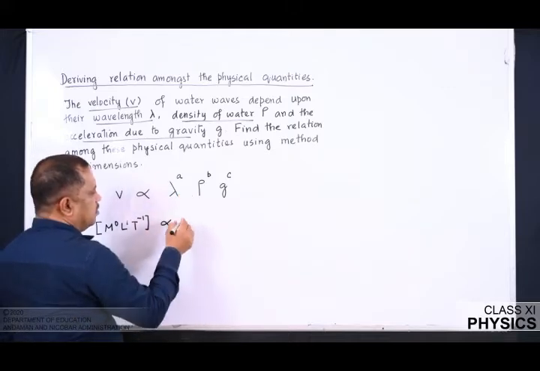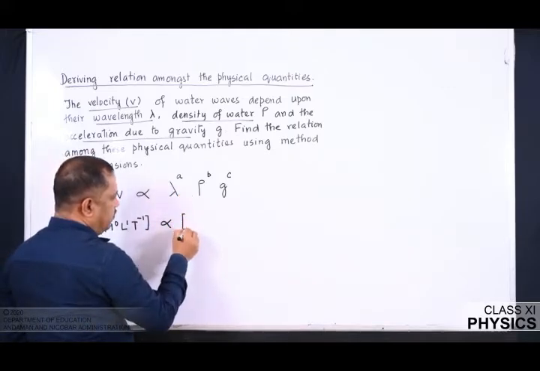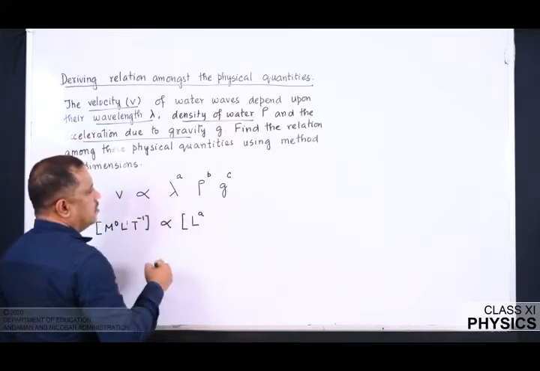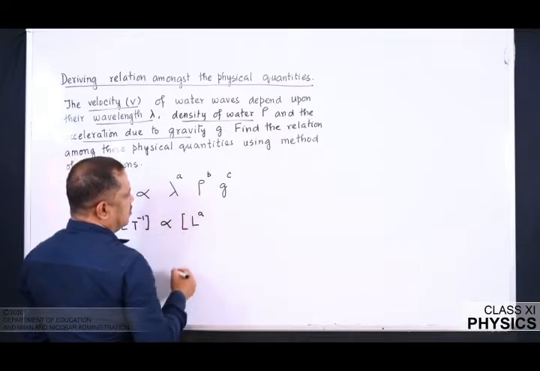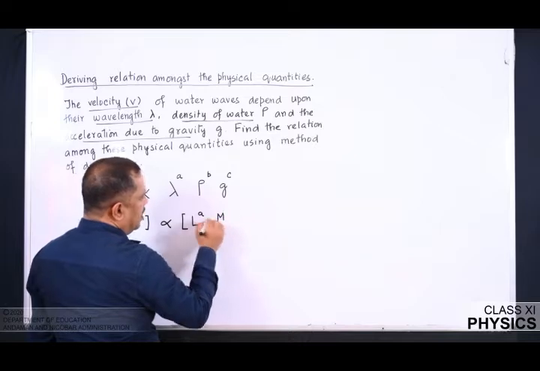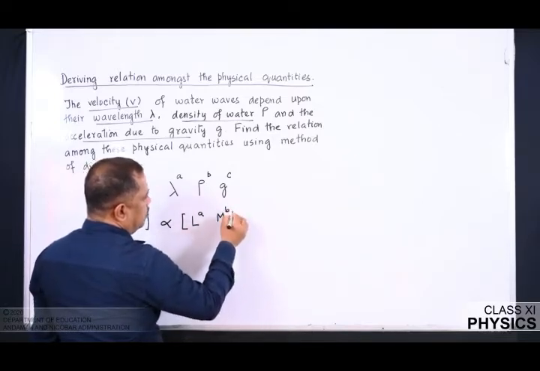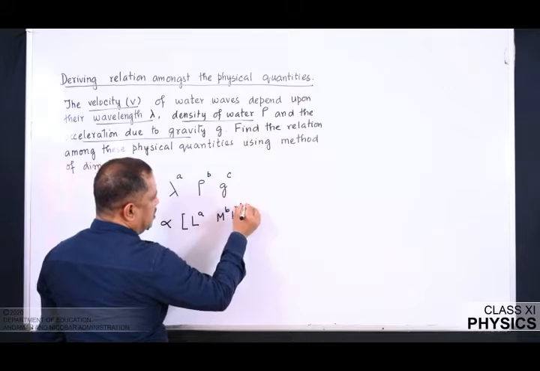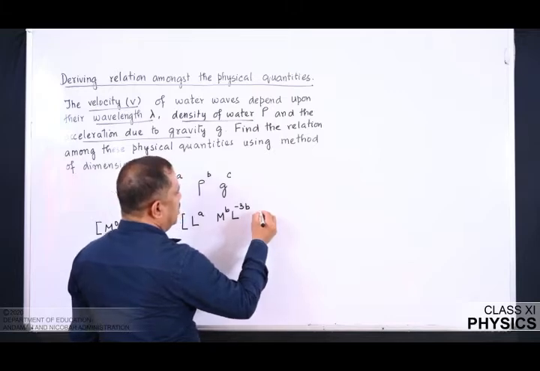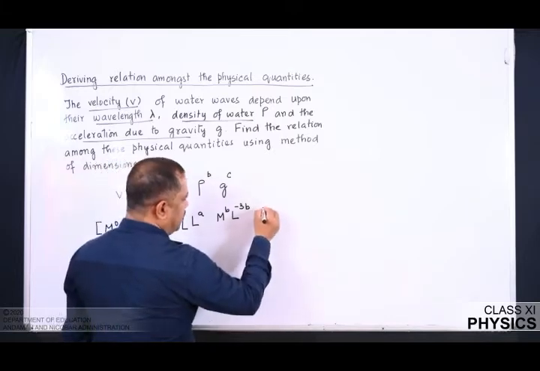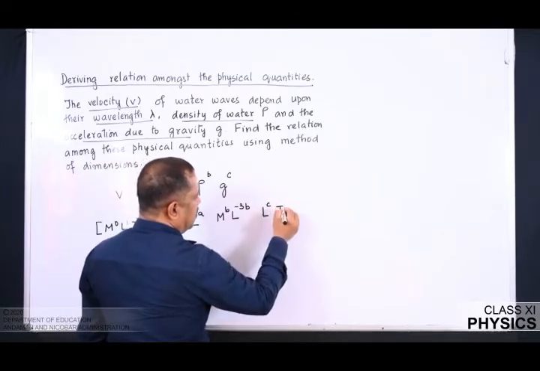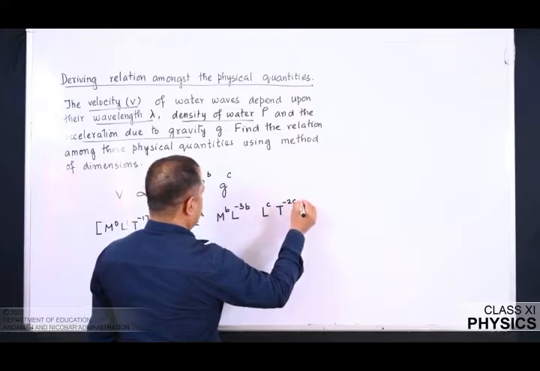wavelength, whose dimension is L power a. Next, density, mass by volume, so I have mass power b, and volume is L power minus 3b. And acceleration due to gravity is L power 1 T power minus 2, so with the whole power c, this will be L power c and T power minus 2c.